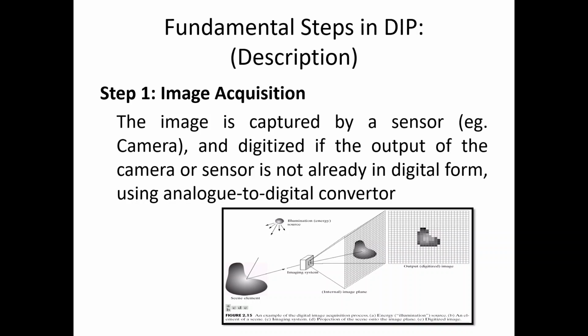We have a device, and inside the device there should be sensors and a capability to convert analog to digital form. Such operations come under image acquisition. Image acquisition represents the devices where we have sensors and the facility to perform analog to digital conversion.